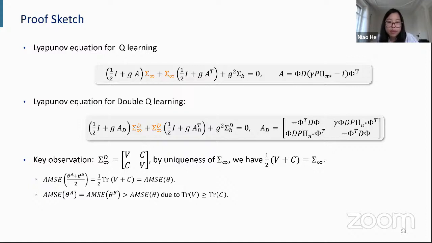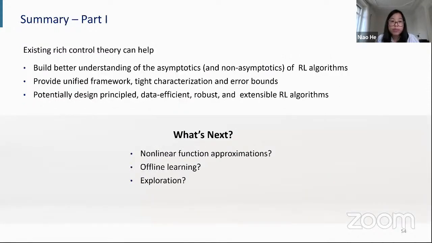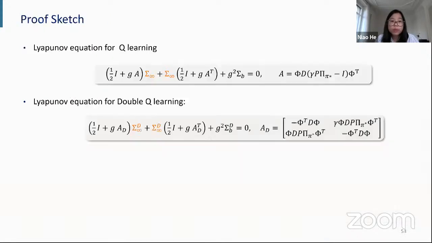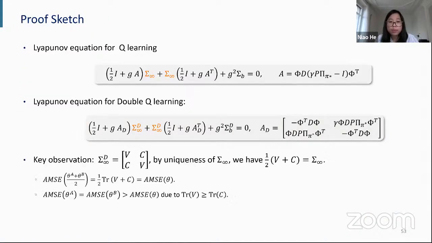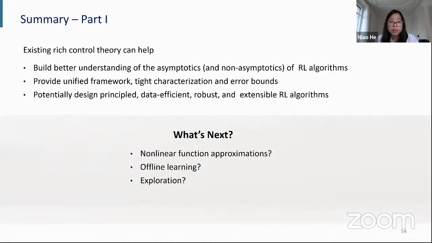There is really nothing magical here: just characterize what the asymptotic covariance looks like, and you will be able to establish this type of relationship between these two algorithms. You can potentially do this for many other Q-learning variations and see which one has the smallest asymptotic covariance. And as I said, this also gives you some motivation for how to design more principled algorithms, by trying to design ways, based on these Lyapunov equations, to minimize the asymptotic covariances.